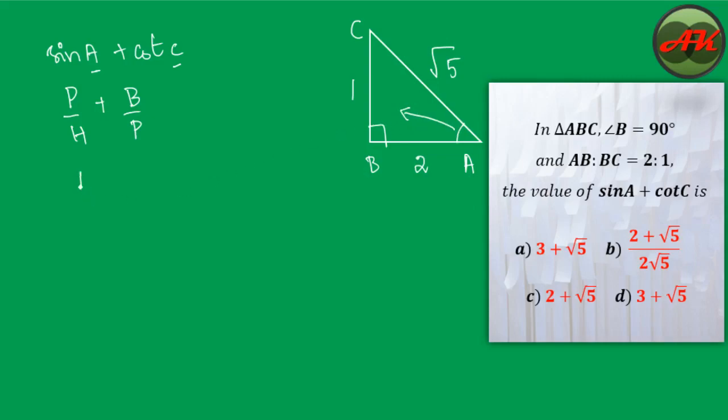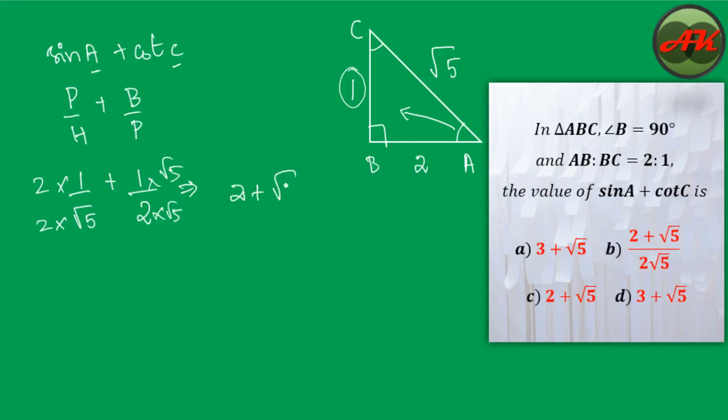So 1 by root 5 plus, for cot C, theta is here and base is 1 here, so 1 by perpendicular, which is 2 here. Now by taking the LCM, multiplying by 2 and by root 5, we get 2 plus root 5 divided by 2 root 5.